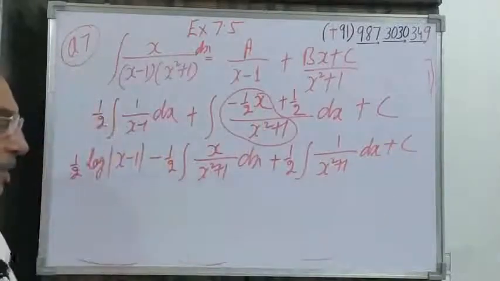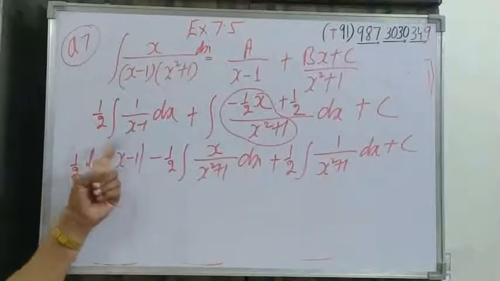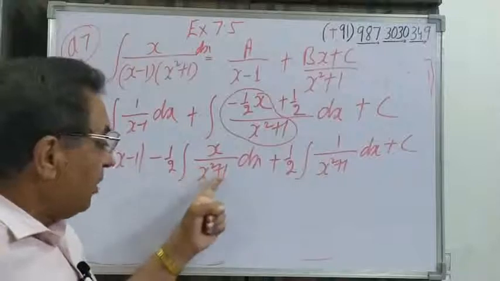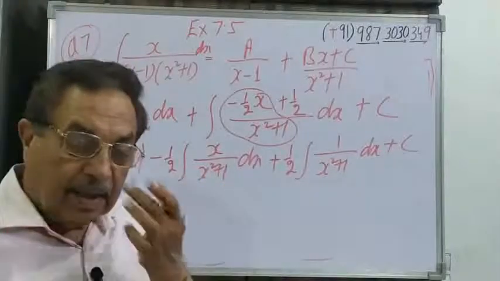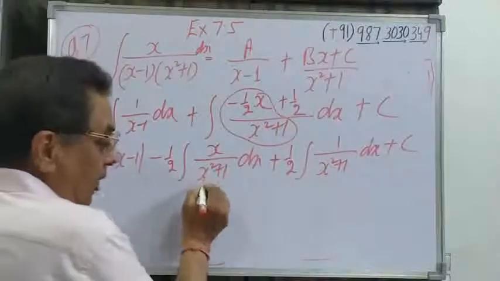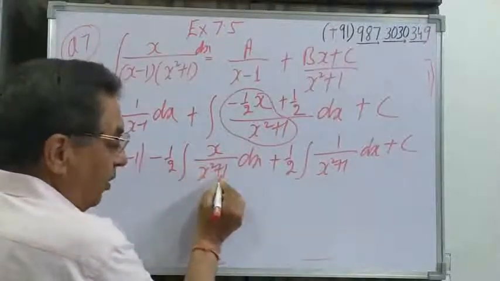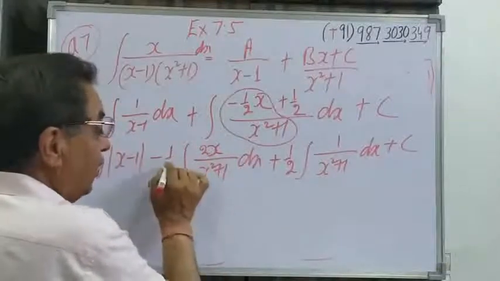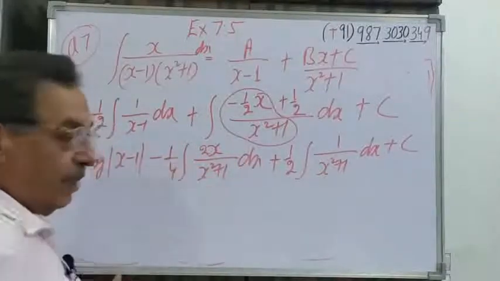Now these terms are ready with us. This one I have done the integration. Here I observe x square plus 1, as we had done earlier, that is integration by substitution. This is a function, and its derivative is 2x. If I multiply by 2 and divide by 2, it becomes 1 by 4, which doesn't make any difference.